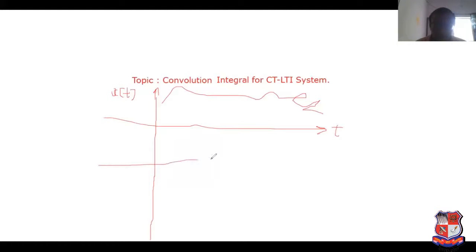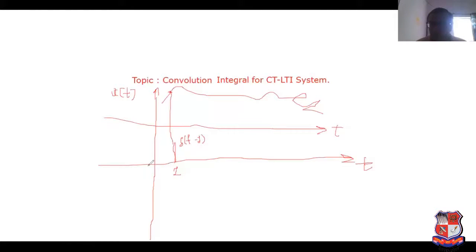Now, see, here which is known as 1, it is considered as delta of t minus 1. Delta of t minus 1 means what? Unit impulse signal. Now this can be multiplied with here.